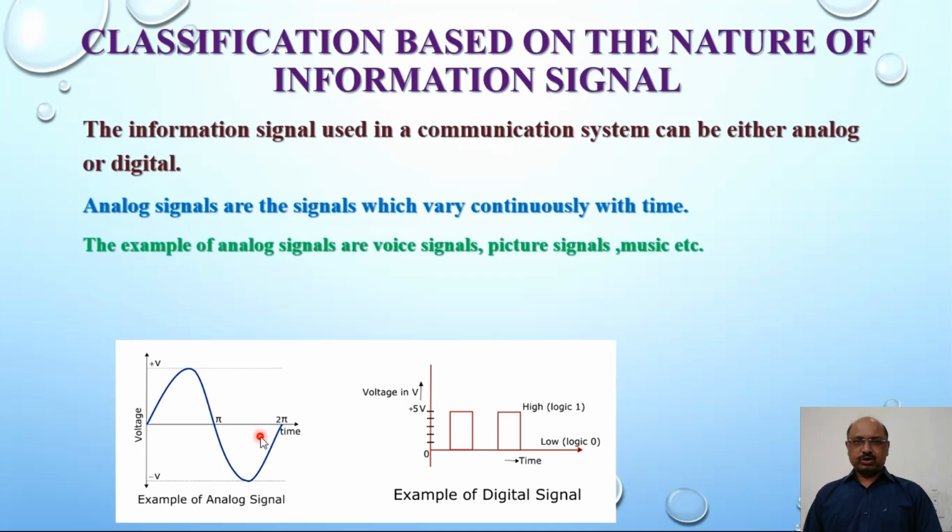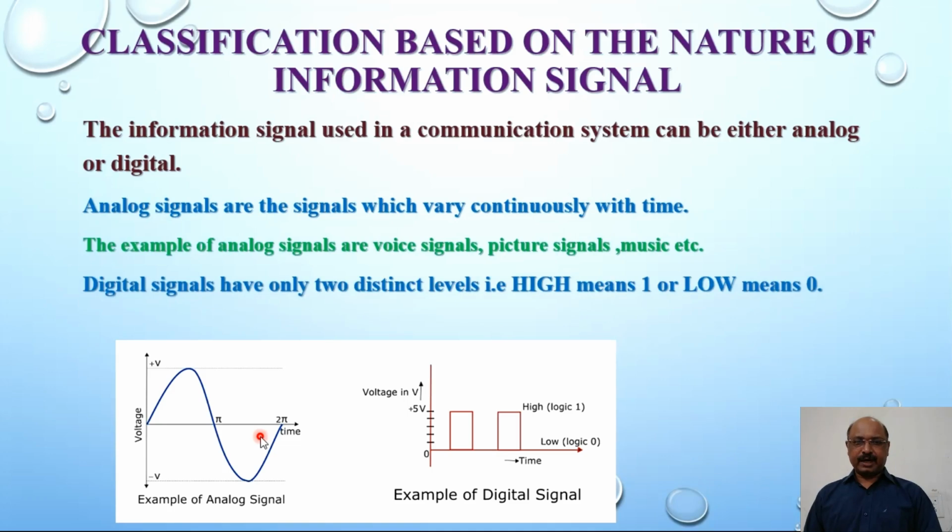Also, a digital signal has only two distinct levels, that is high means 1 or low means 0. See in this figure, this is level 1 and this is level 0.